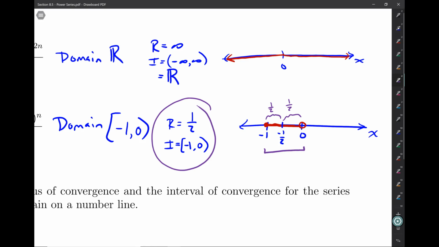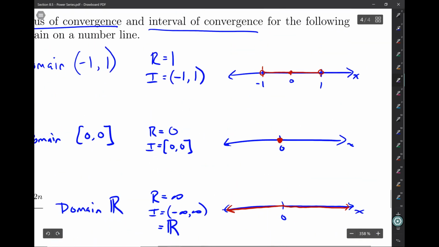If we think of this as a, quote, diameter of convergence, if we cut that in half, we get a radius, and that's going to give us 1/2 on each side. For all of the previous examples, that should work in the same way. If we were to look at -1 to 1, this interval has a length of 2. Half of 2 will be 1 on each side.